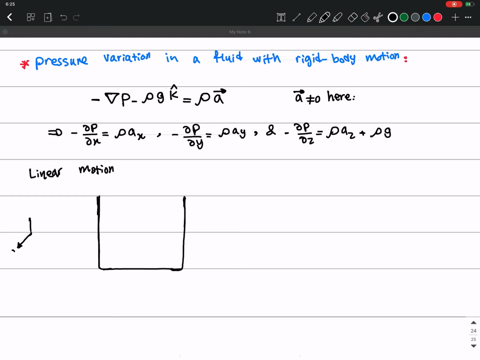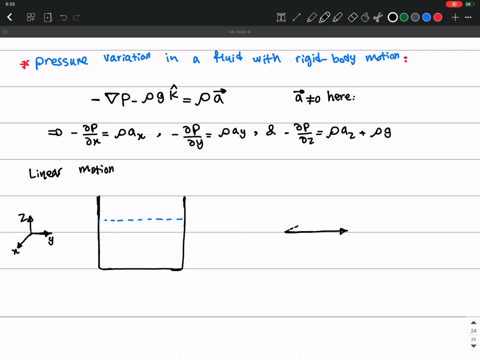This is x, this is y, and this is z. And then I have water like this. Then I just apply an acceleration to this. I have a linear motion and acceleration, so I give a vector a here.